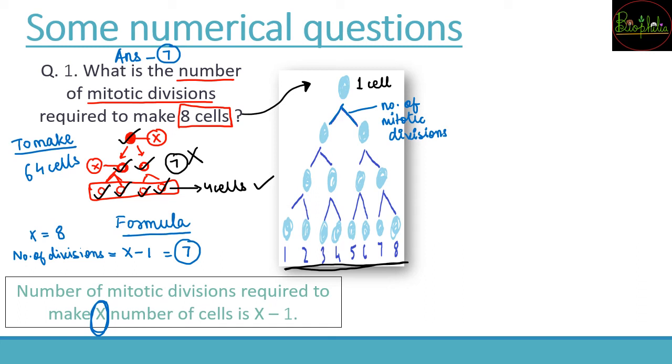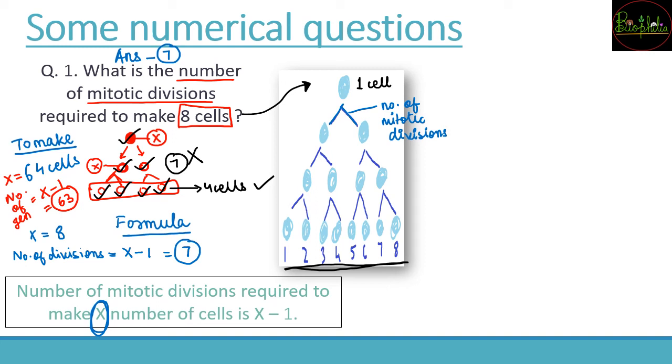64 cells के लिए अब आपके पास formula है, so it will be very easy. So here x will become 64 and the number of generations is going to be what? It will be very simple, x minus 1, that is 63. So you will need 63 mitotic divisions to have 64 cells.